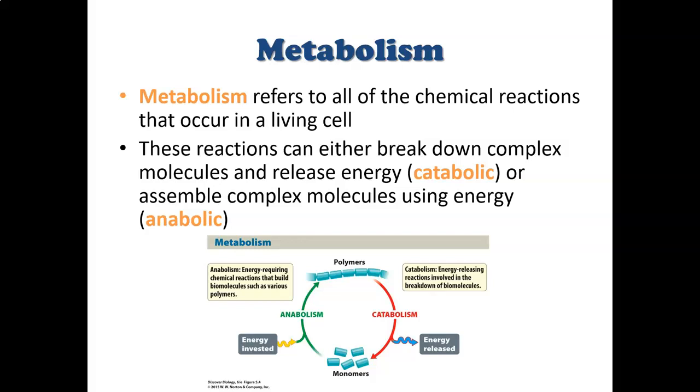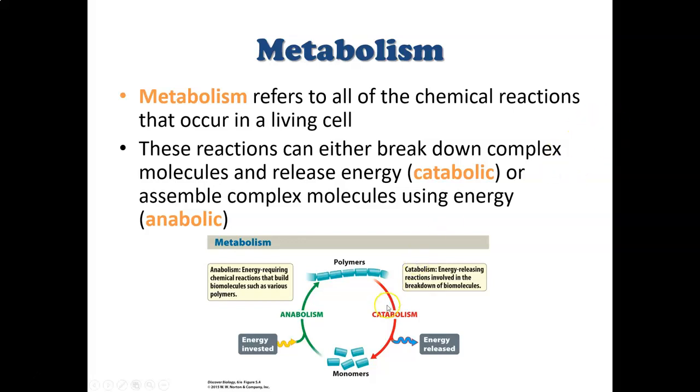The chemical reactions that build things up are called anabolic reactions, and those are always going to require energy. The second class of chemical reactions are called catabolic, and these are chemical reactions that break down things and release energy.